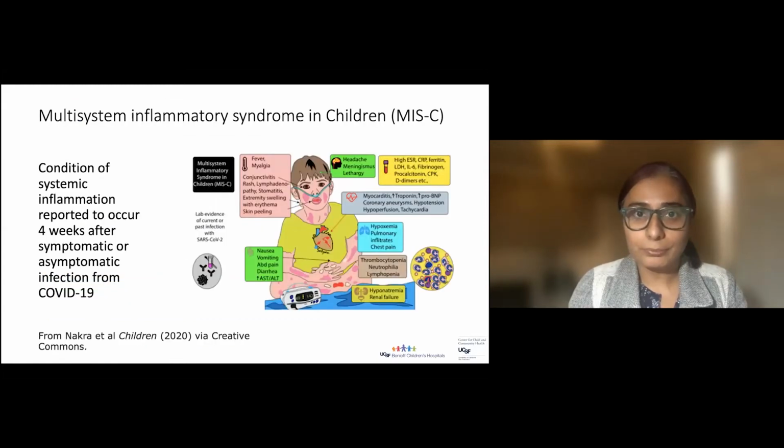And I want to allude you to a syndrome that you might have already heard about, multi-system inflammatory syndrome in children, or MIS-C. It's systemic inflammation that oftentimes occurs about 4 weeks after you have symptomatic or asymptomatic COVID-19 infection. We see this in adults and children, but in children, we call it MIS-C, or C for children, or in adults, we call it MIS-A, A for adults.